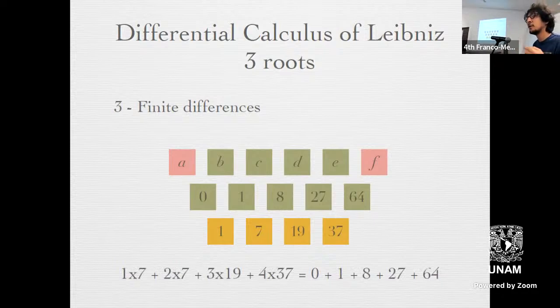So you can obtain the sum of the given progression by the differences of this progression. And that's the same fact as the transmutation method, in which you can obtain the hierarchy by the tangent. That's the same reasoning. So it's the three roots. These 3 roots are very useful and important for Leibniz.